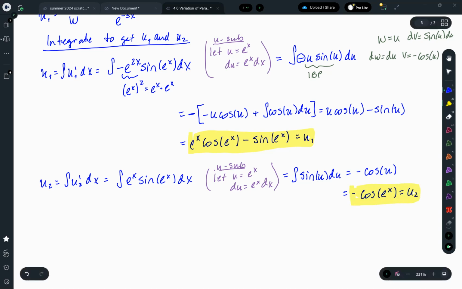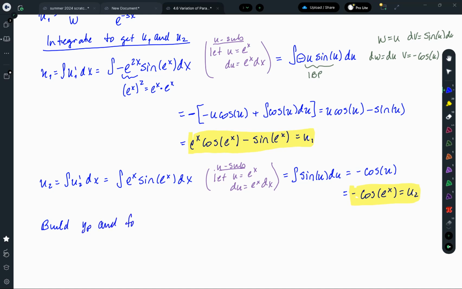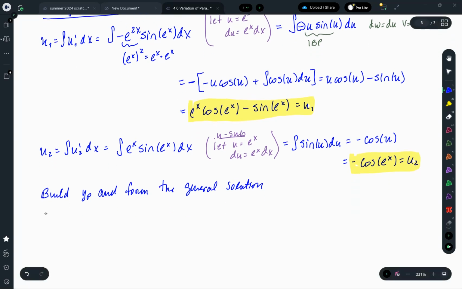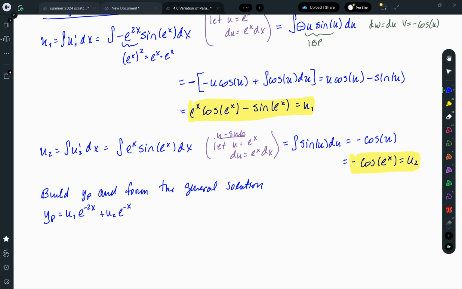Okay, next step, we're going to build y sub p and form the general solution. All right, so y sub p was equal to u1 y1, and y1 was e to the minus 2x, plus u2 y2, where y2 was e to the minus x.